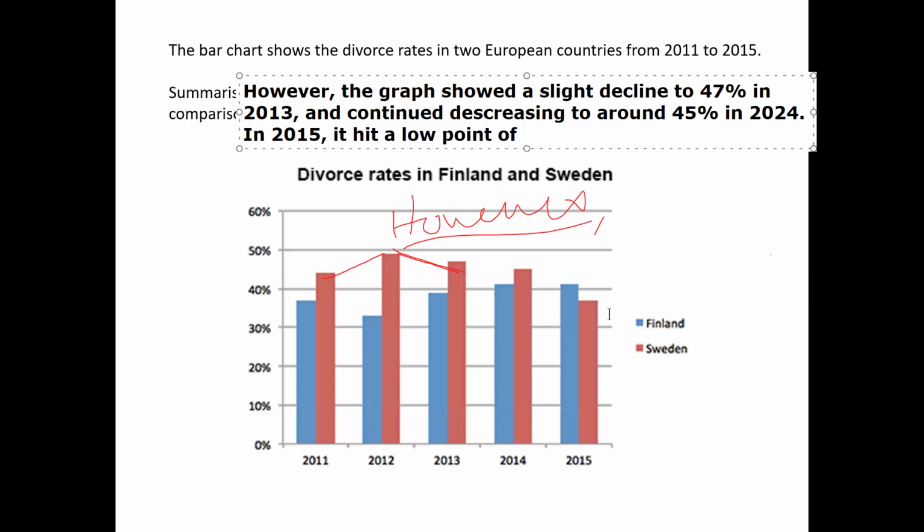Clear? Because why? The last point we have, that's the lowest point. अब low point कितने पे है? 37, maybe 36. Maybe 37. Near. So approximately 37%. आप लिख सकते हैं approximately 37%.